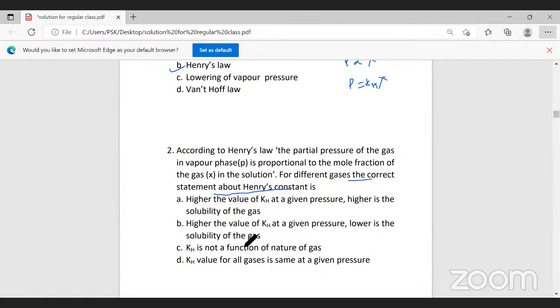Higher the value of KH at given pressure, lower is the solubility of gas. KH is not a function of nature of gas. KH value for all gases is same at given pressure. So KH value for all gases is same. It's a constant. So therefore, the Henry's constant value for all gases is same at a given pressure. Hence, the answer for this question is option D.